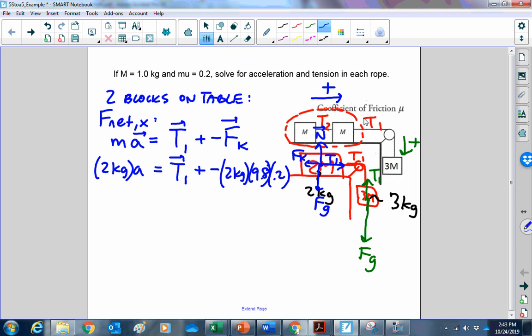Writing this more neatly without the units, 2a is T1 minus... I think this worksheet rounds the gravity, so they rounded it to 4. They're keeping whole numbers here.